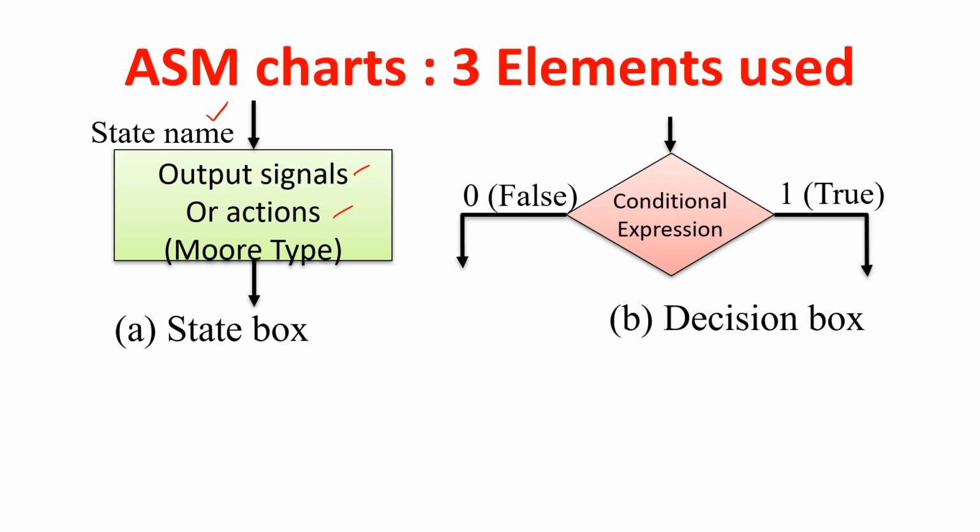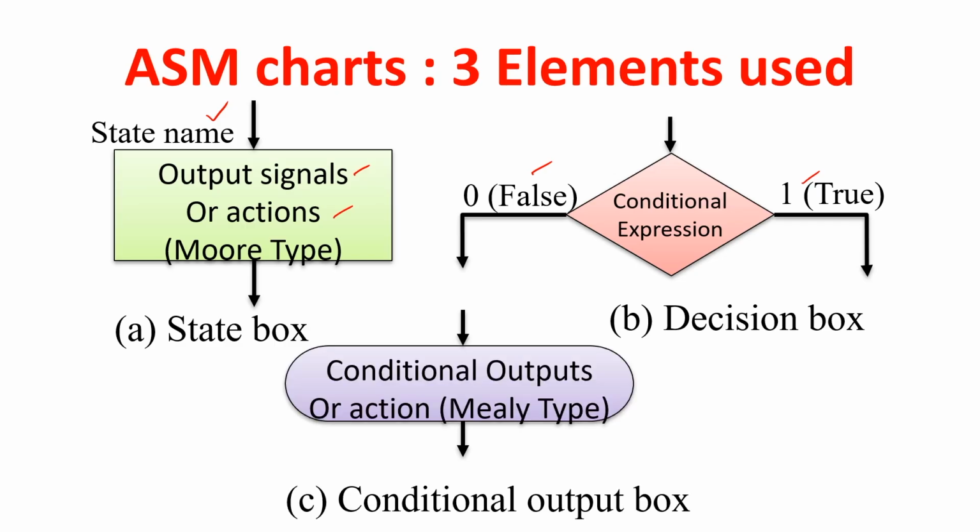This is purely a mixture of flowchart and FSM. We are trying to track cycles, and also we are trying to make it like a flow. So, ASM has a decision box, with any conditional expression for yes or no. For yes it will go to one path and for no it will go to another path.